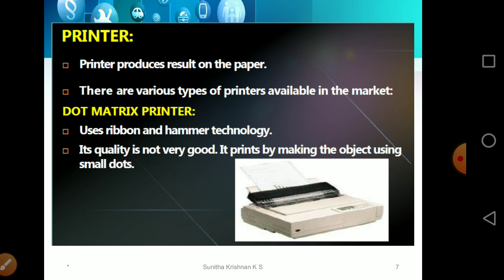The printing quality will be very low, and the color of the ink will be very faded. All these types of printings come from the dot matrix printer. The quality will not be good, but the cost of printing is very less.